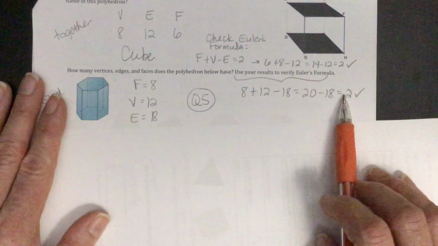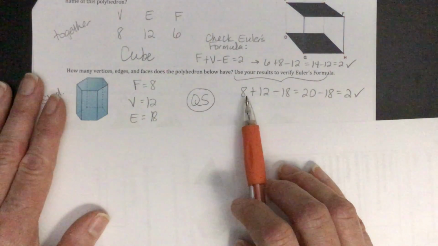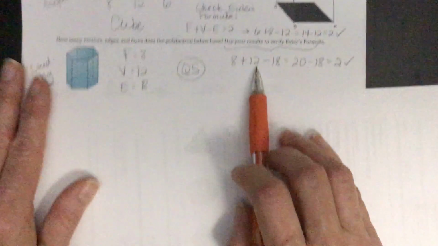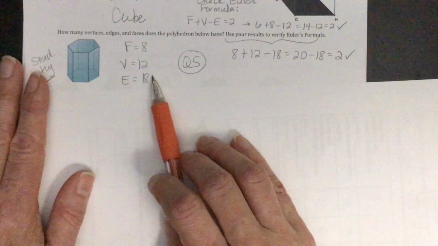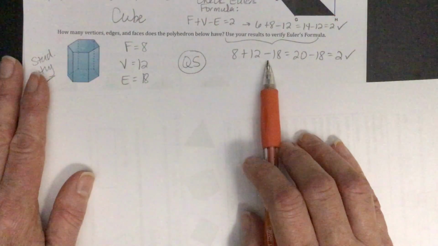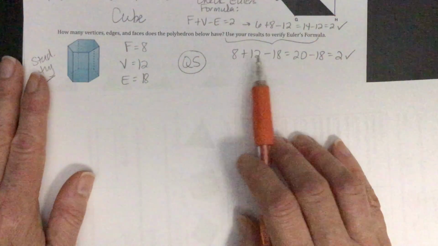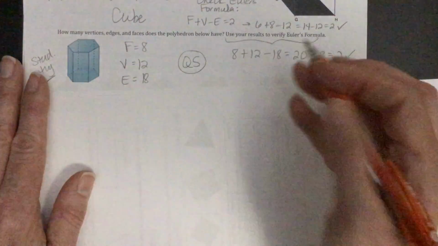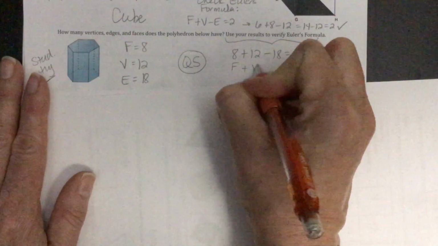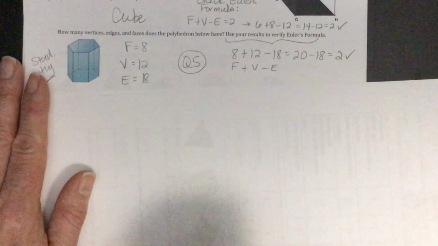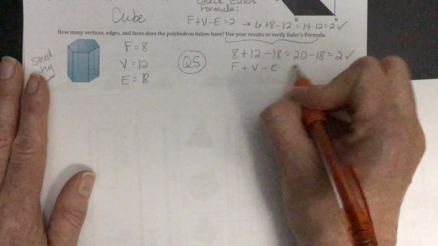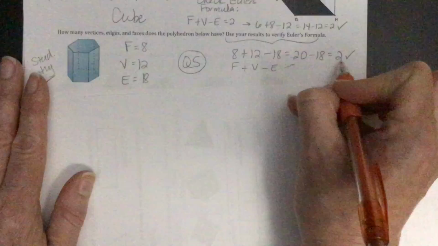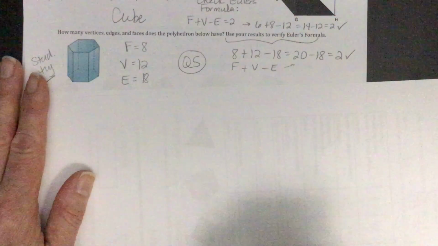And then when I checked it with Euler's formula, I did 8 plus 12, faces plus vertices. This time I did the minus 18. Okay, I just did faces plus vertices minus edges, which is supposed to equal 2. And that gave me 20 minus 18, which is 2.